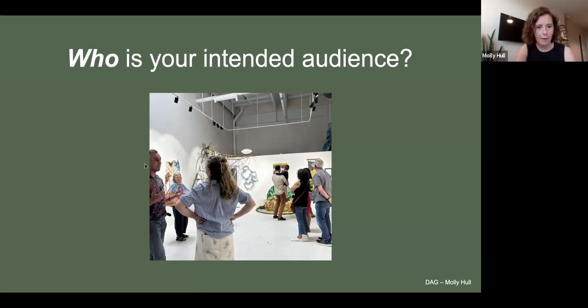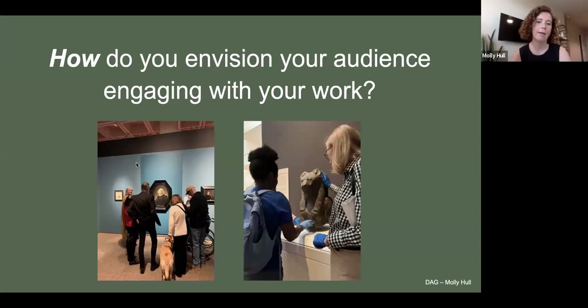The second question I want you to think about is, how do you envision your audience engaging with artwork? So now that we've talked about your intended audience, I want you to think about going beyond emotion and thinking about how your work may be engaged.